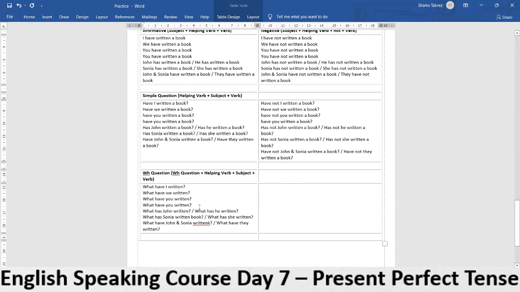All right. And if we want to add not to it, what to do? Want to add not to it? What word we need to add and where we need to add?